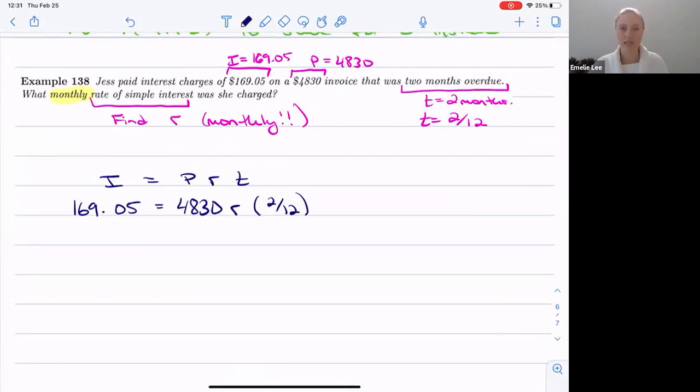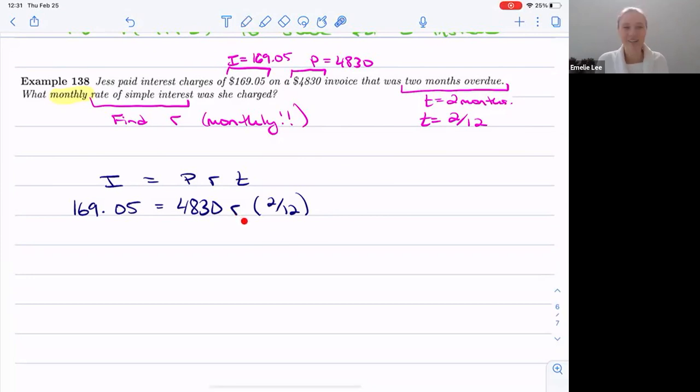Do not use a decimal approximation here. If you do, you have to store it in your calculator, right? So 2 divided by 12 is 0.1666 repeating. I don't want you to round that or anything. I want you to use the whole thing, so you have to use the whole 2/12. Okay.